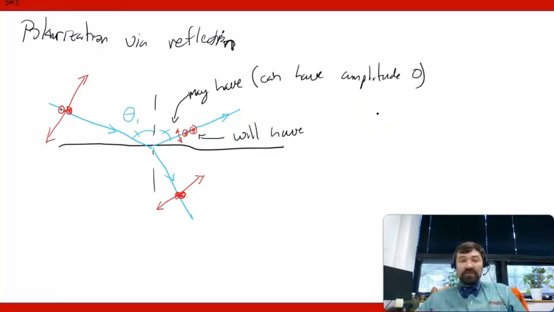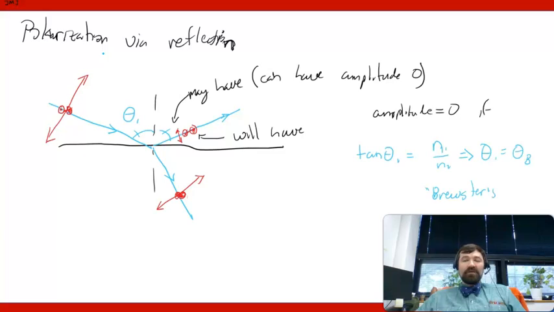The condition for this amplitude being 0 is if this angle here, theta 1, satisfies the condition tangent of theta 1 is equal to n1 over n2, and this is what's called the Brewster condition. So this is theta 1 equals theta b. It's called the Brewster angle after the man who discovered it.